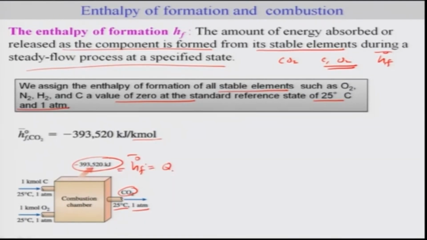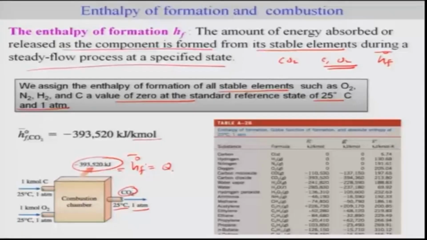Heats of formation for various elements and compounds are tabulated for us to use directly from the table, so that we can use those tables to solve problems instead of finding the heat of formation for each individual compound. The common compounds or molecules are tabulated in Table A-26, as you can clearly see here, where the carbon states are given in solid, gas, and later on in liquid also.